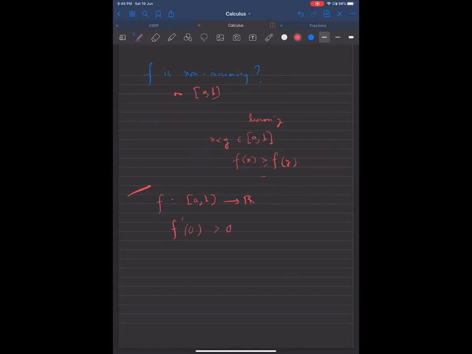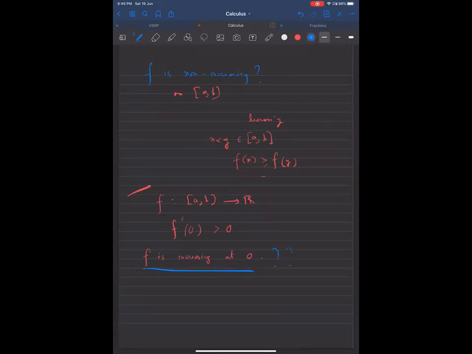Can we say that f is increasing at 0? So now the first question is, what do we mean by saying that f is increasing at 0? Please unmute yourself and answer.